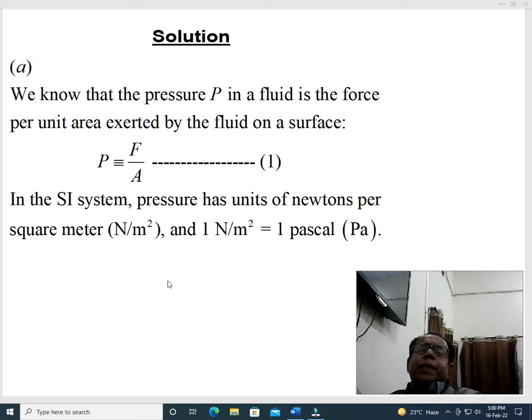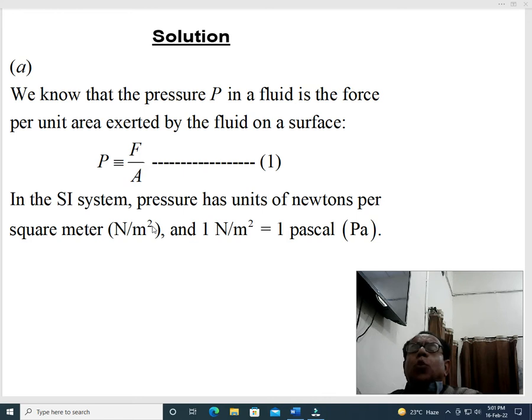P ≡ F/A, that is, pressure is defined as force over area. Dear students, these 3 lines may be treated as equivalent to equal, but various similar symbols are used in physics which have slightly different meaning.